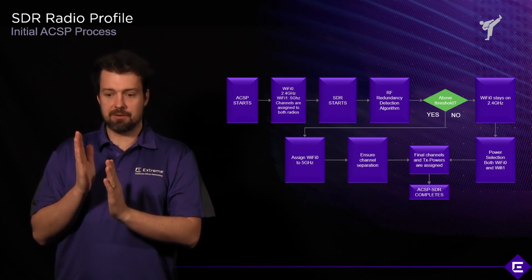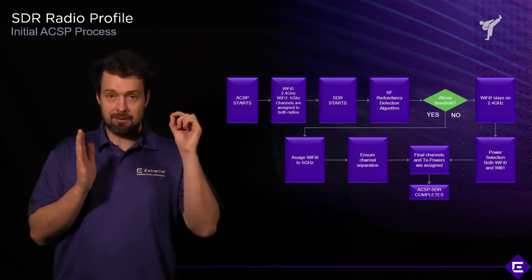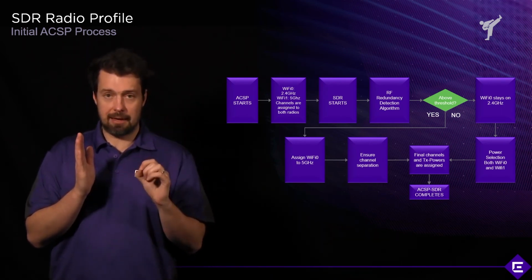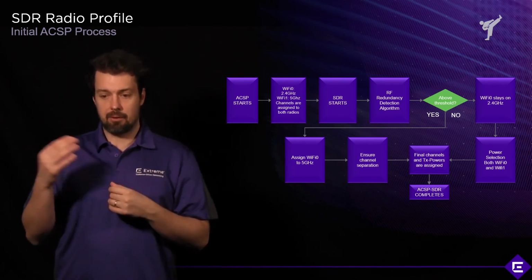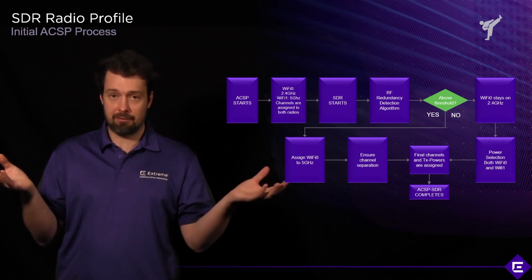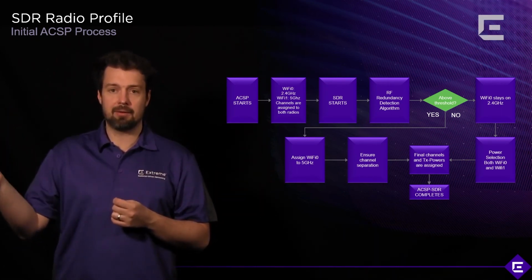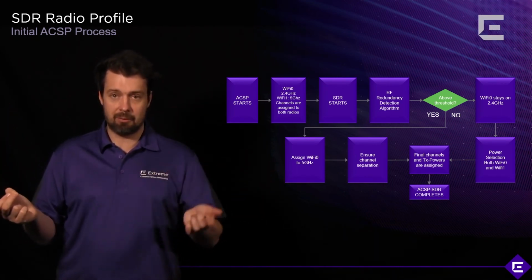Make sure you have enough channel separation, implement the channel and power selection that was determined by the ACSP, and you're done. And on 2.4, same thing, you don't apply 5 GHz, but you do implement the power and channel selection that was determined by the ACSP protocol.